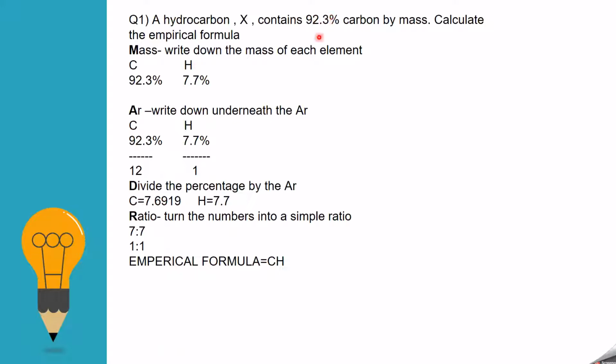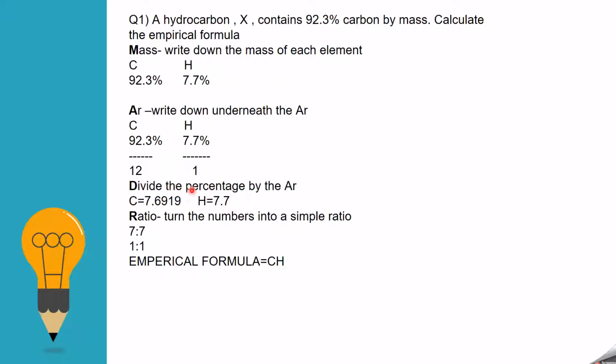And so what I do is a simple calculation, so I do 100 minus 92.3% to get 7.7%, which is the remaining mass for hydrogen. And so I move on to AR, so I write down underneath the percentage masses. So under 92.3% for carbon, I write 12, which is the AR, and then for hydrogen, I do 7.7 over 1.